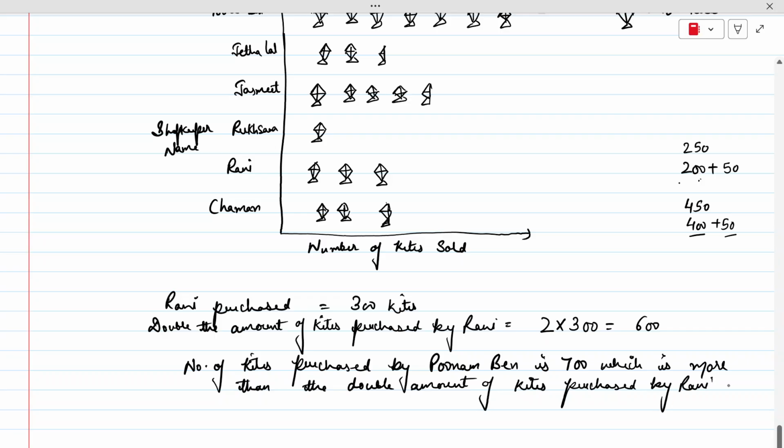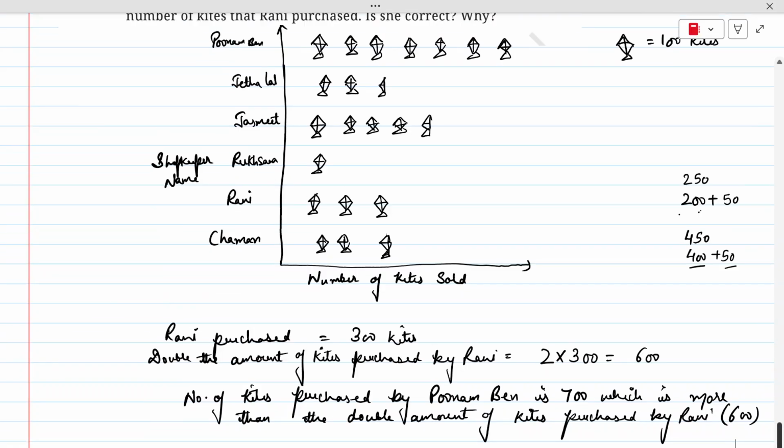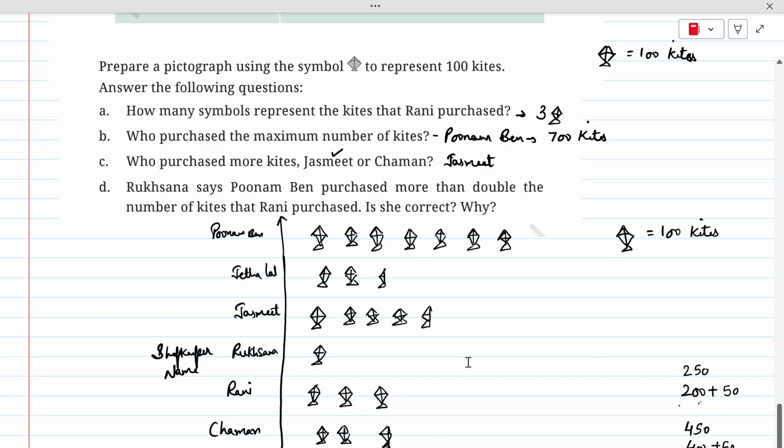Okay, that is 600. So 700 is more than 600. So that means this is true. Okay, this is correct. Is she correct? Yes. Why? We have written below.